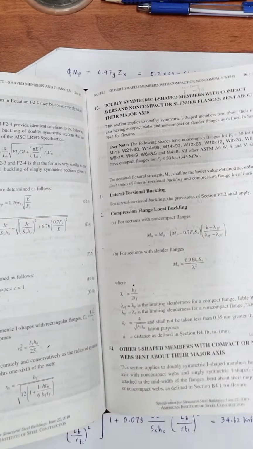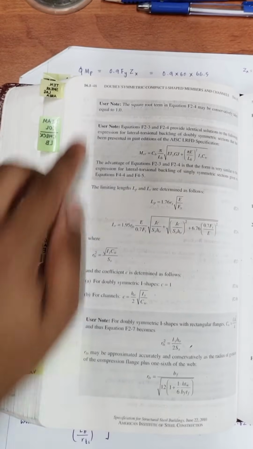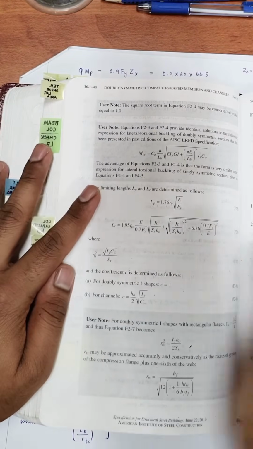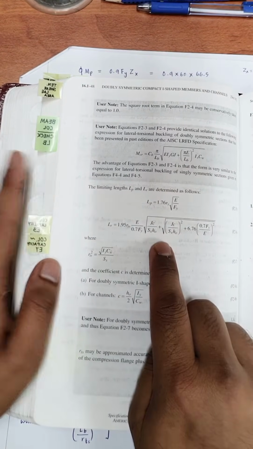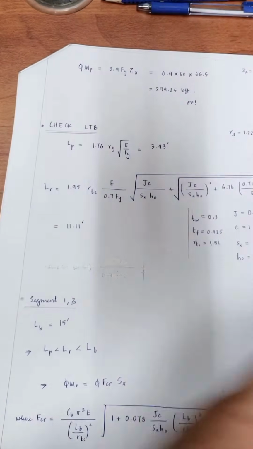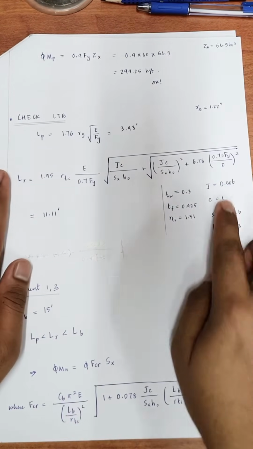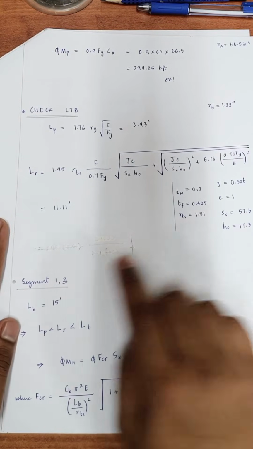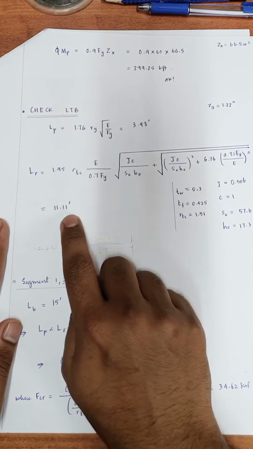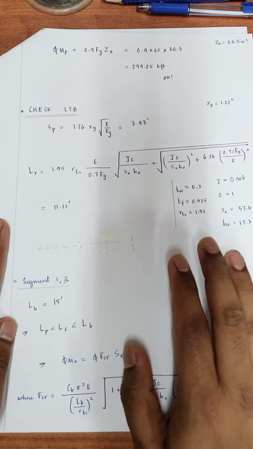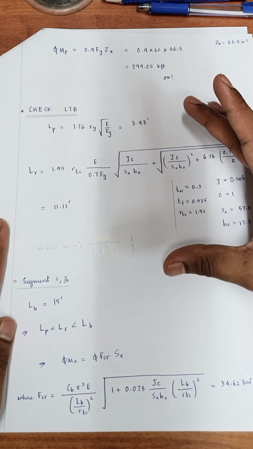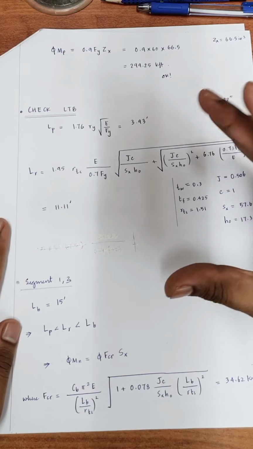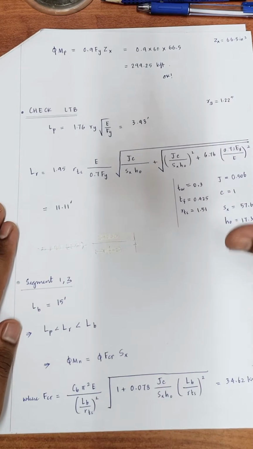And Lp and Lr, as we discussed, is taken from chapter 16.1, page 48, where Lp and Lr are listed here. The constants can be taken from the manual, and then you get the value of Lp and Lr. Now once you have found this, you have to check the capacity from lateral torsional buckling for both the segments.